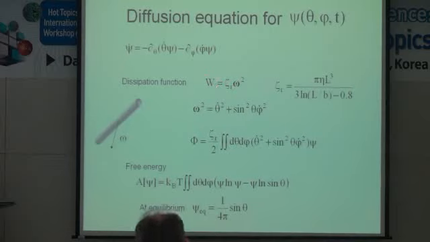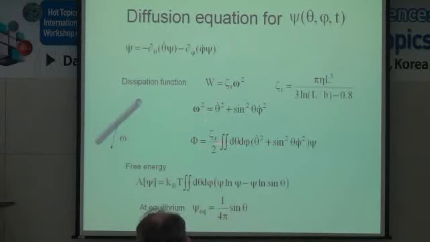Maybe okay, this W should be 2 phi. The energy dissipation is equal to some constant called the rotational friction constant times the square of the angular velocity omega. And the angular velocity is written in terms of theta dot and phi dot in this way.